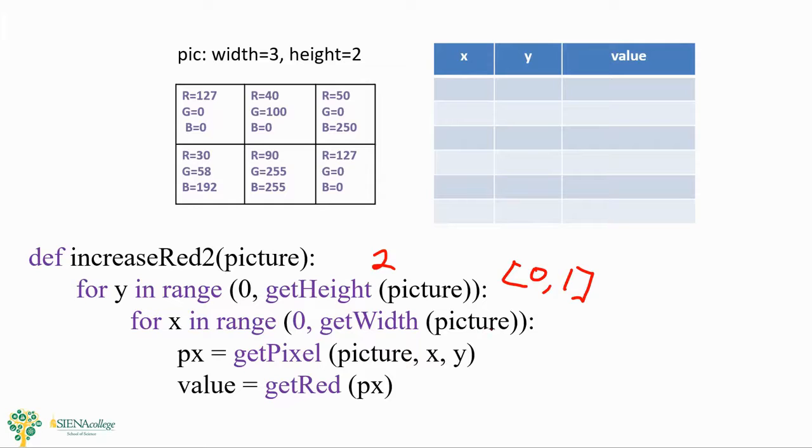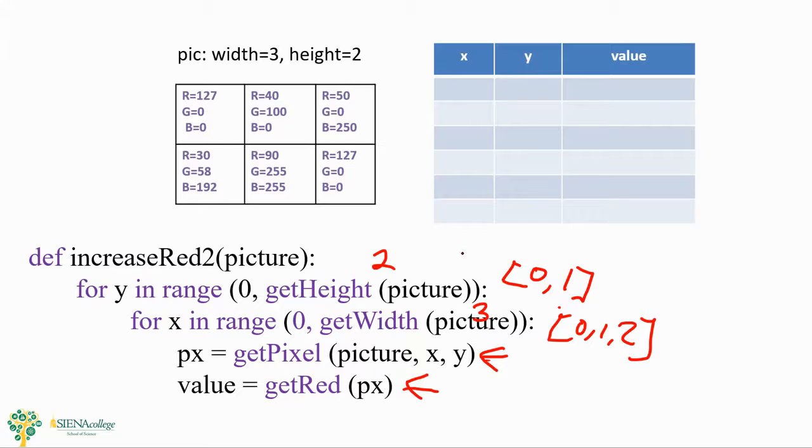For x, our width is 3. So we're going to have a list here, 0, 1, and 2. And then we will get a pixel with those xy coordinates. And we'll find out the value of the red intensity of that pixel.